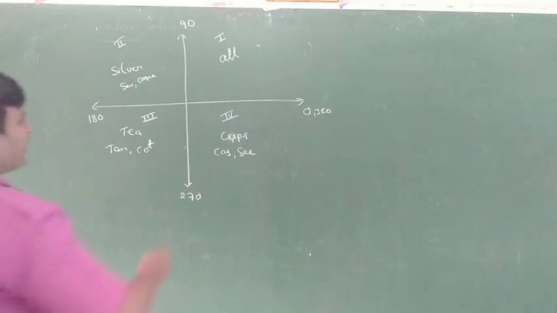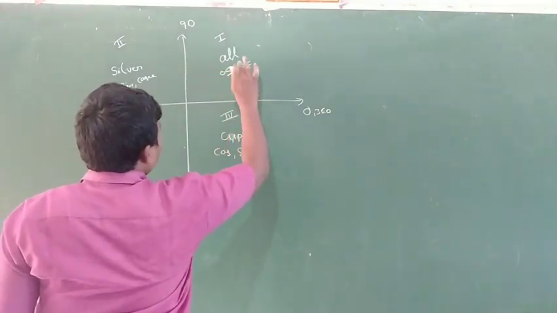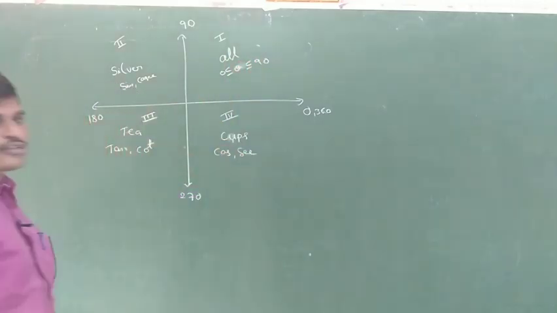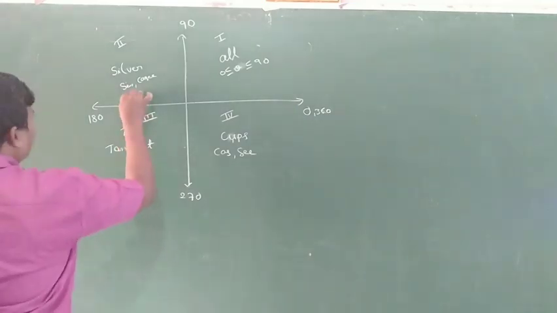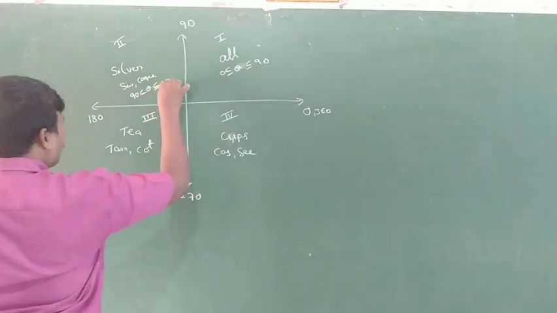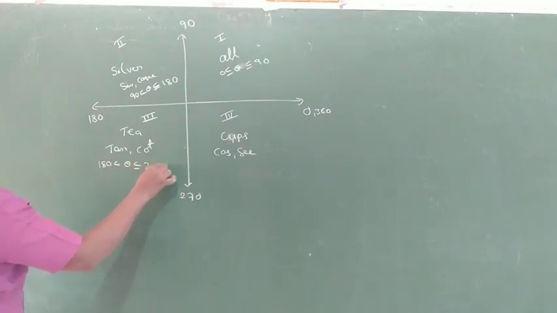Here in the first quadrant, 0 less than or equal to theta less than or equal to 90. Second quadrant, 90 less than theta less than or equal to 180. In the third quadrant, 180 less than theta less than or equal to 270.